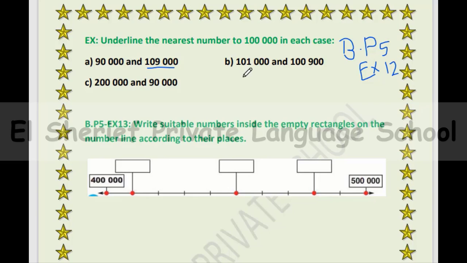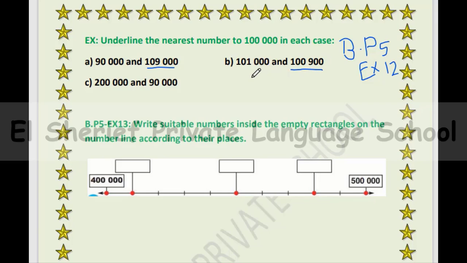So the smallest or the nearest one is 100,900. Why? Because the difference between 100,000 and 100,900 is only 900. But here the difference between 100,000 and 101,000 is 1,000. Okay, so the smallest is 900, so the nearest one is 100,900.